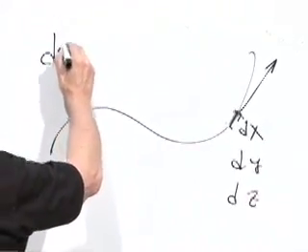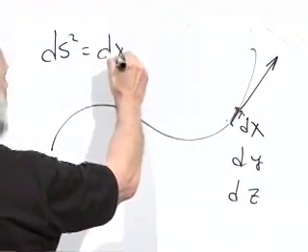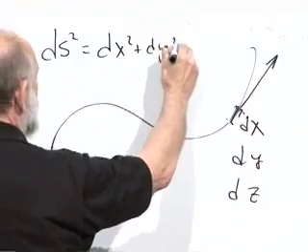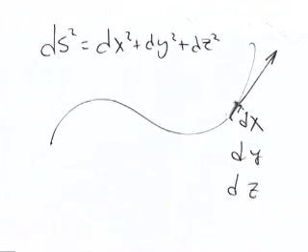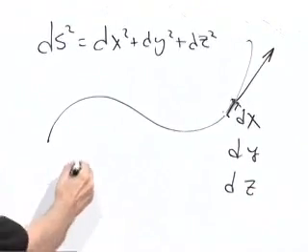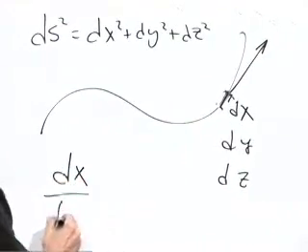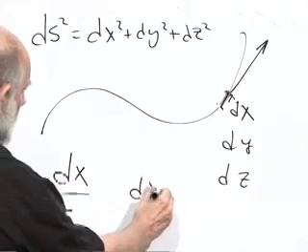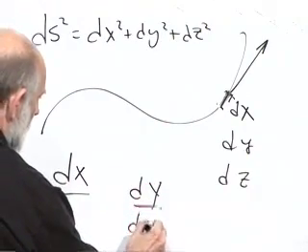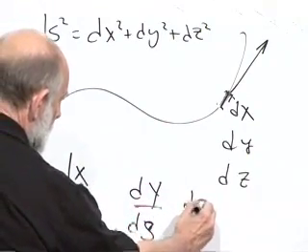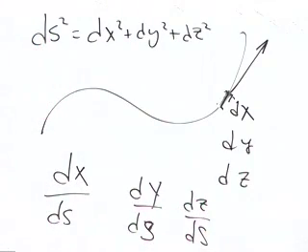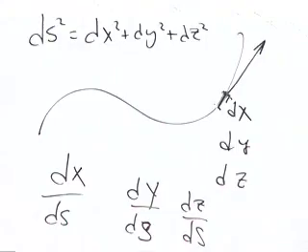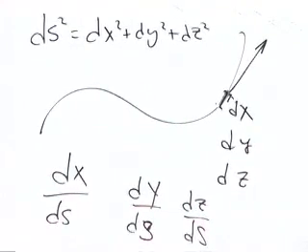It's ds squared is equal to dx squared plus dy squared plus dz squared. And we simply define the tangent vector to be dx by ds, dy by ds, and dz by ds. This is for ordinary geometry, no time, just ordinary space. We define the tangent vector.